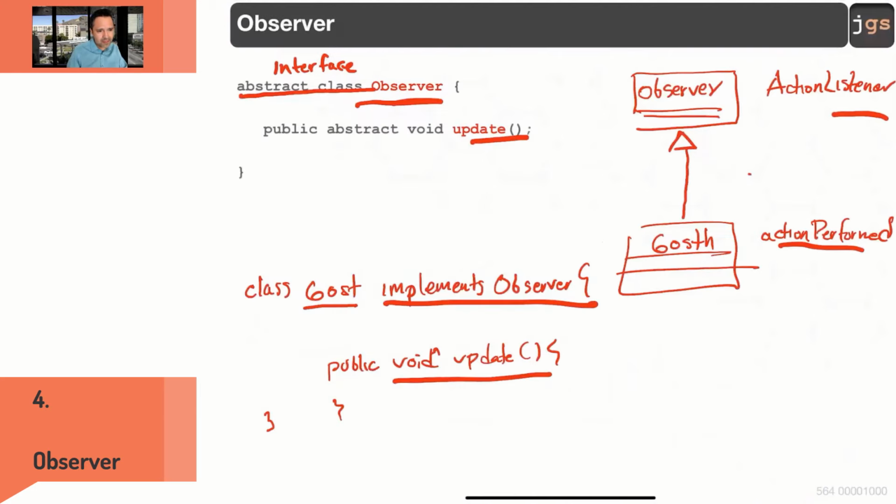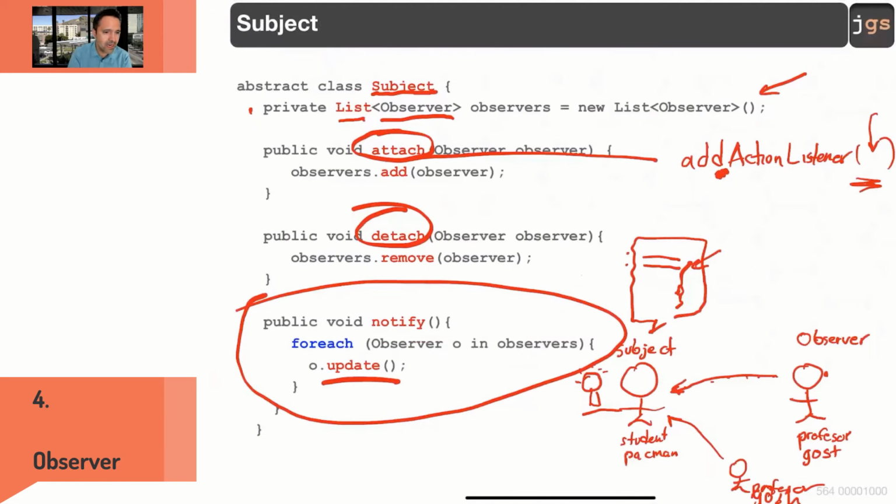It is mandatory that every single class that inherits from the interface has an update method. That is the reason I am sure that I can call the update method on those guys. They have it. If they do not have it, they are not observers. And if they are not observers, they cannot be a parameter here.